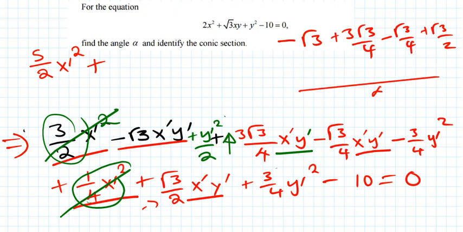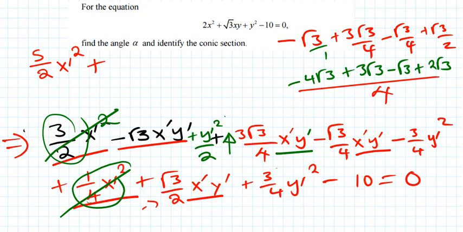Okay, common denominator 4. 1 into 4 is 4, so we're going to have negative 4 root 3, and then plus 3 root 3 minus root 3, and then 2 into 4 is 2, so we're going to have 2 root 3. If you look at negative 4 plus 3 root 3, that's going to be a negative root 3, and then minus root 3 plus 2 root 3.